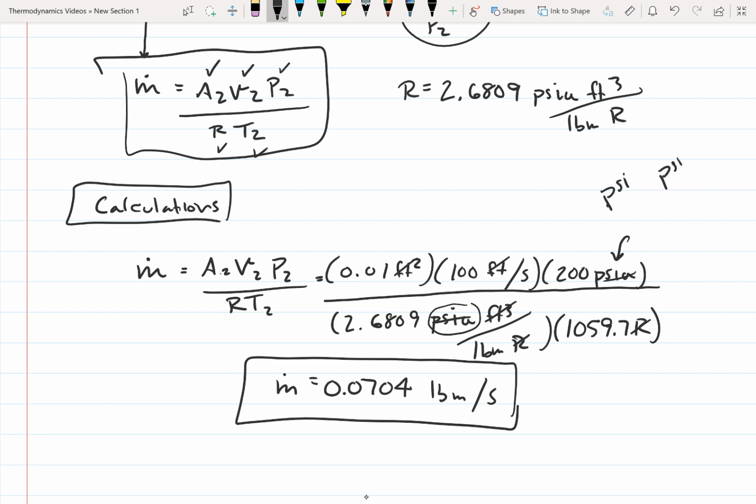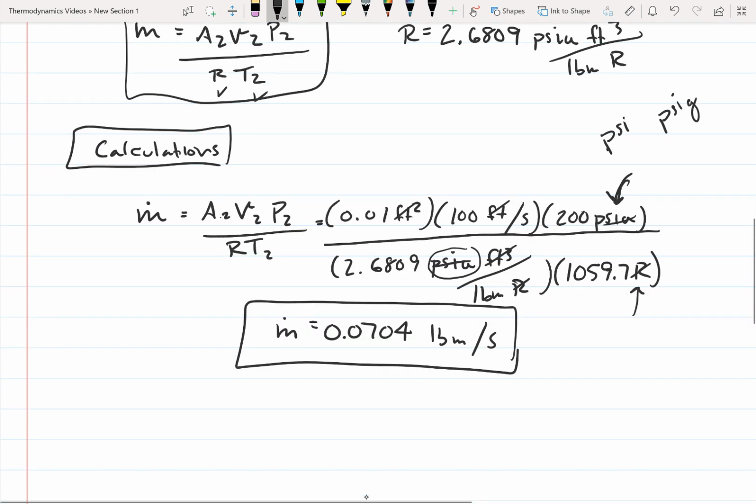A lot of these pressure measurements are done with a gauge, and so you're going to get gauge pressure. So if you have gauge pressure, you need to add the atmospheric pressure to the gauge pressure to get absolute pressure.